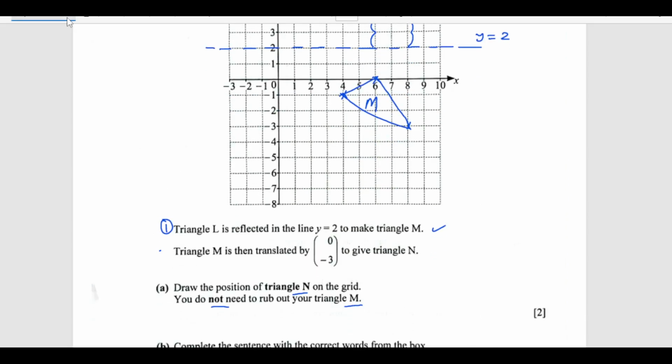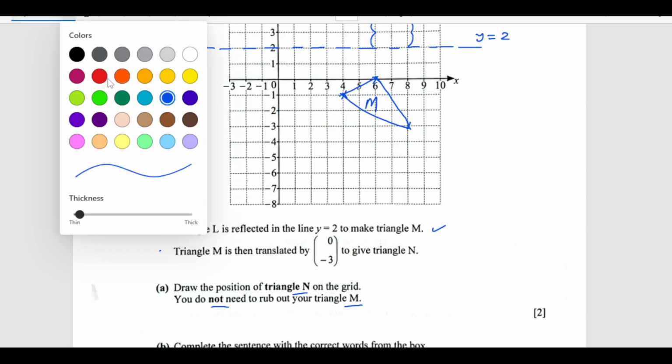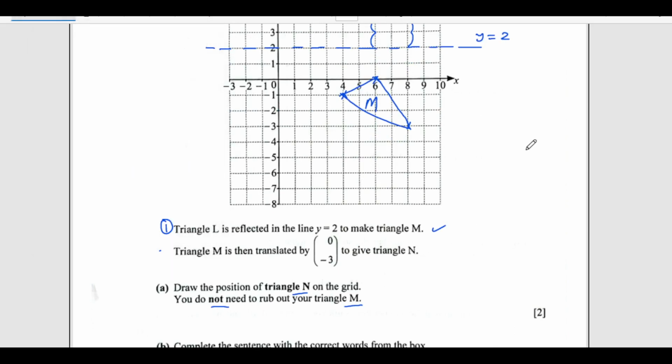Now the second one. Triangle M is then translated, where this is x and this is y, to give triangle N. So, for x there is no movement, x is 0, y is -3. So, we are moving 3 units down. From this point, 1, 2, 3, the point is going to come over here.